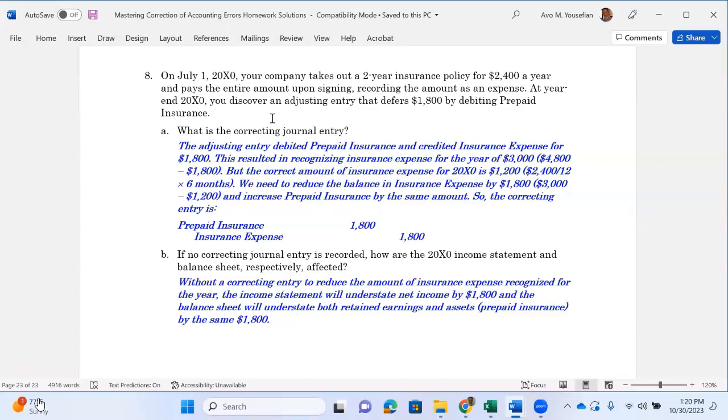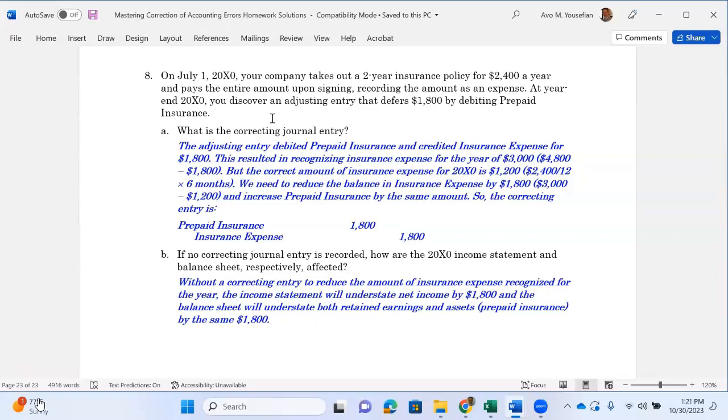Okay, so we debit prepaid insurance as an asset for $1,800 and defer insurance expense by $1,800 to reduce it and defer it to an asset for prepaid insurance $1,800. So in that situation, the insurance expense T account shows $3,000 of balance.